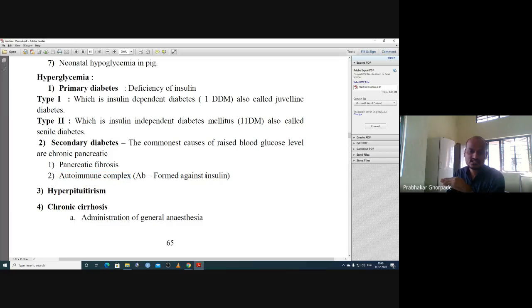So this is a self antigen, insulin, and antibodies form against it. So the immune system is activating, and it is trying to destroy this insulin, inducing an immune reaction in our body. So that is secondary diabetes. So the causes of secondary diabetes are pancreatic fibrosis and autoimmune complex.